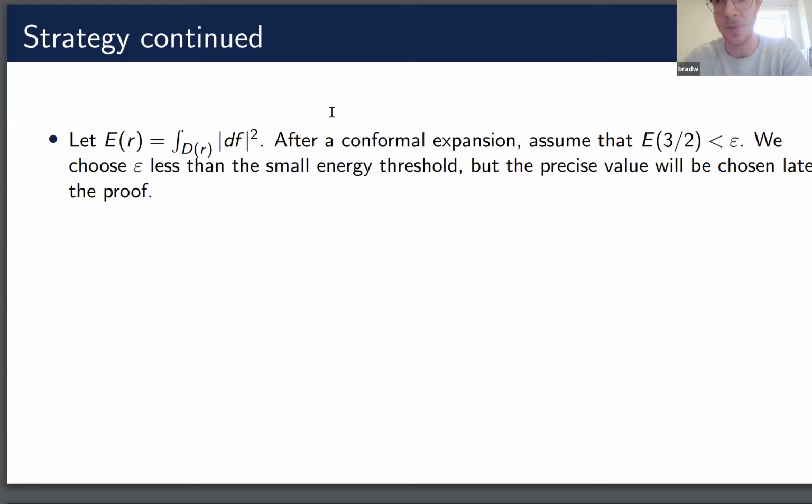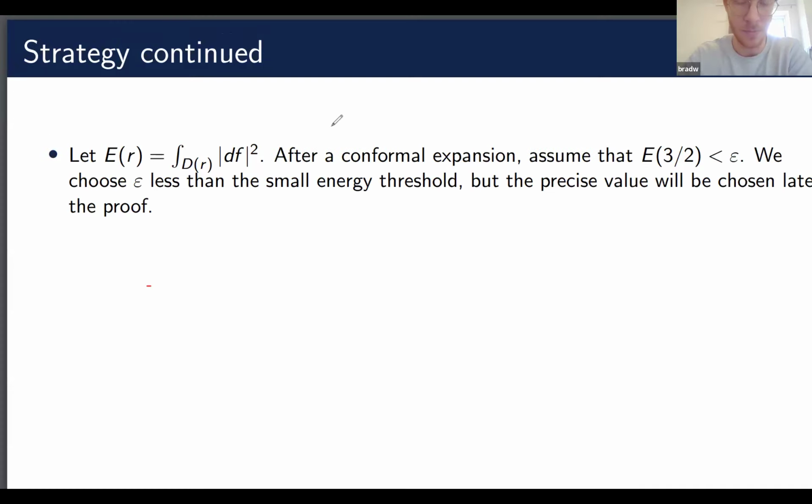We can dilate f and have it defined on a slightly larger disk. So after scaling f as well, we can assume that the energy over the disk of radius 3/2 is less than epsilon.